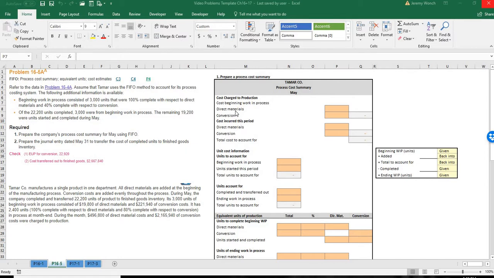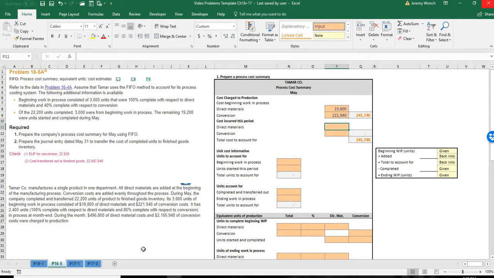It wants us to prepare a process cost summary. We start off with the cost in beginning work in process. It tells us down here that we have 19,800 of direct materials and 22,940 of conversion costs that we started with.